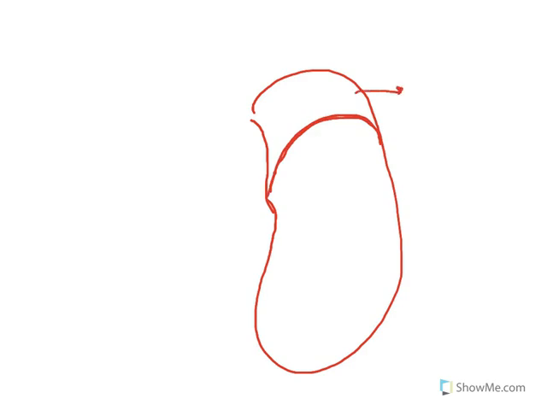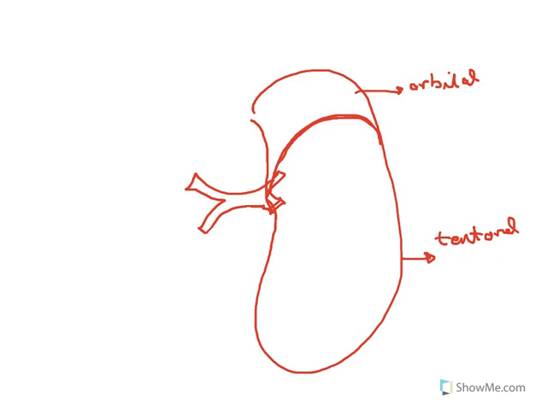So this is the orbital surface, and here is the tentorial surface, and of course you know here is the optic chiasma. The optic chiasma lies in front of the interpeduncular fossa.